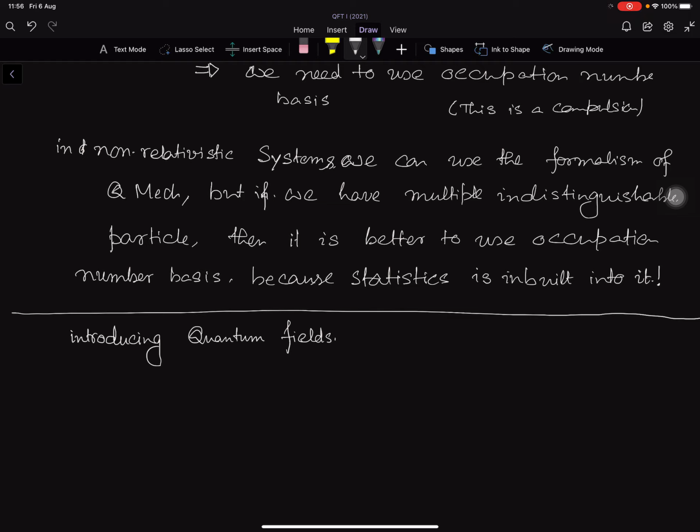So we have seen that from the single particle state we have got the wave function. Then we construct this following object.